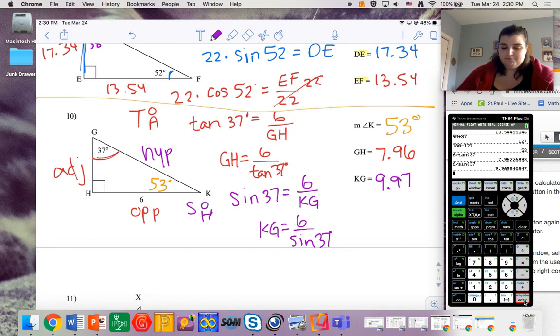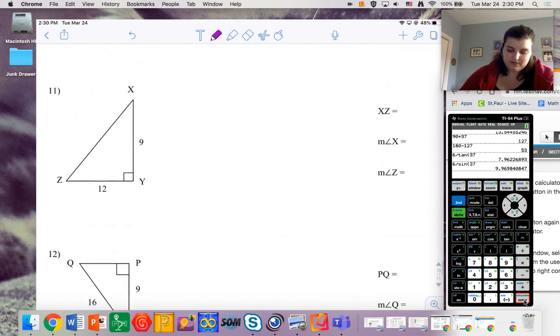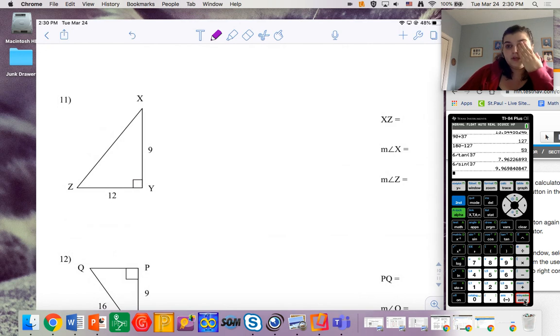Moving forward, I'm going to do one more. Let's do 11 so that we can talk about finding those angles using inverse trig. So first things first, let's find XZ. We can't use our trig functions because we don't have angles. I'm actually just going to use the Pythagorean theorem.